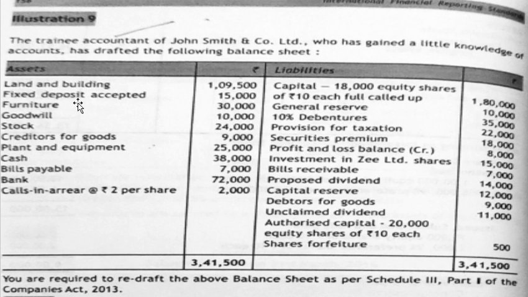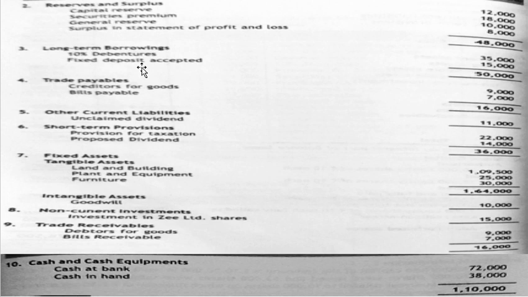This is an amount accepted from outsiders. Fixed deposit is usually for more than a year, so it is a long-term borrowing. So 15,000 and 35,000 of debentures are recorded in your working note.